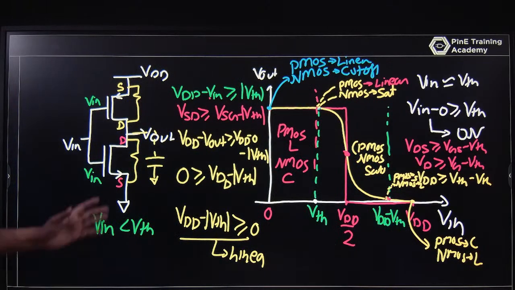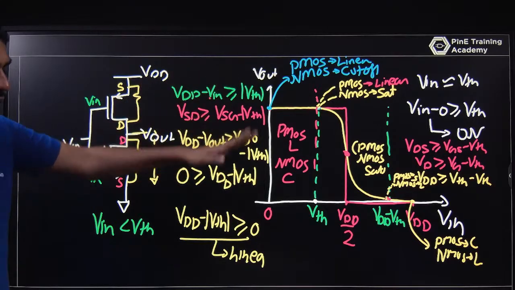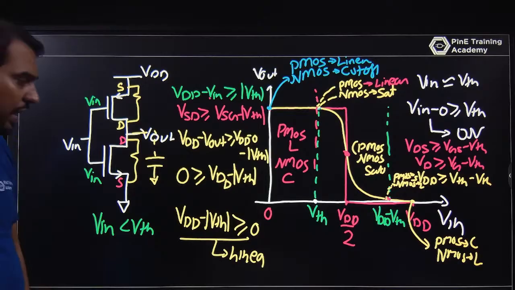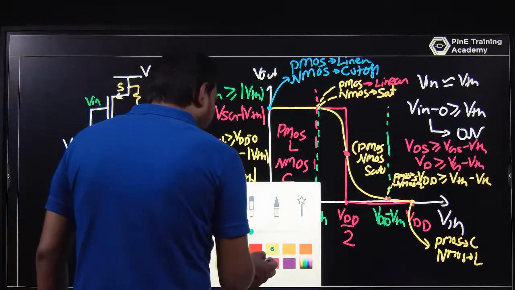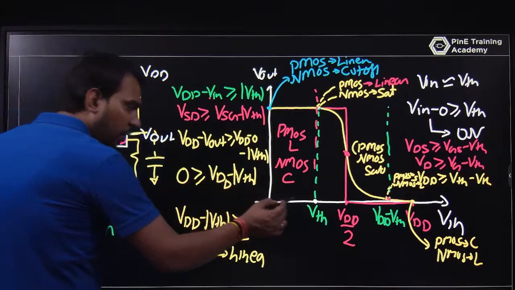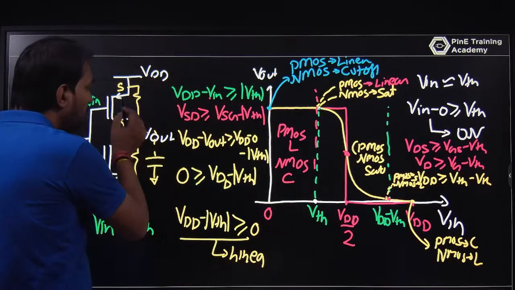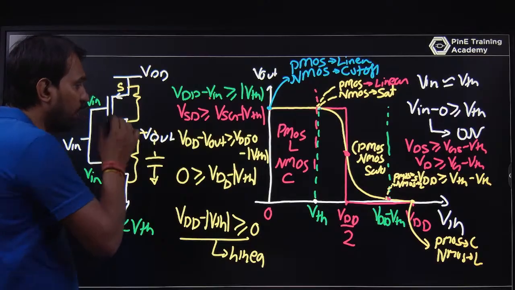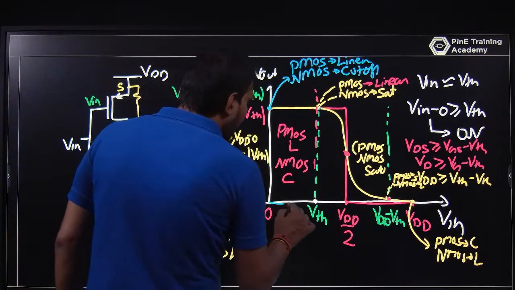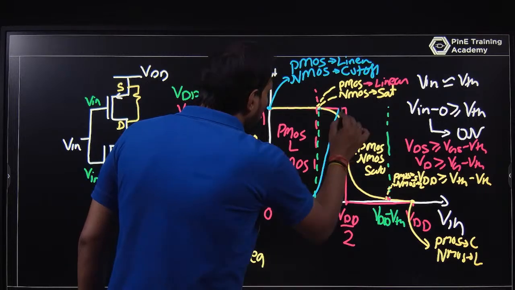So this is the way the different regions occur, and by the basic equations you can determine them. At the point of VDD by 2, when the PMOS and NMOS are both in saturation, that is the point where you will find the maximum current.